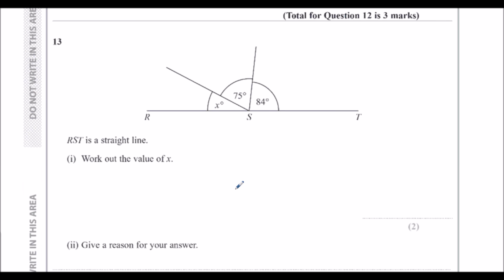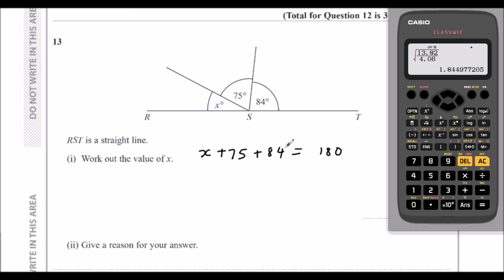Question 13. RST is a straight line. Work out the value of x. So angles on a straight line add up to 180 degrees. So these 3 angles, our x and our 75 and our 84, must add up to 180 degrees.